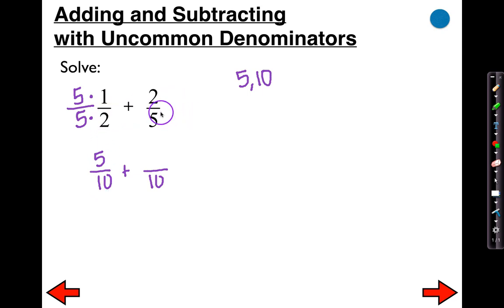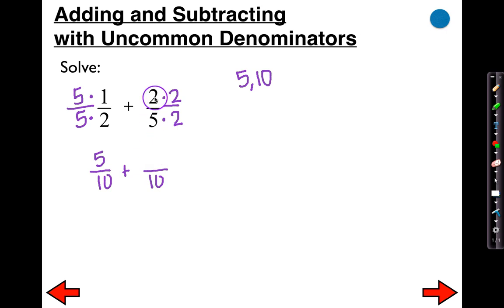So I'm going to repeat the process here. 5 is not a 10 yet, but I could manipulate it into making it a 10 by multiplying the denominator by 2, which means I must also multiply the numerator by 2. Why again? Because 2 over 2 is just 1. Does multiplying a number by 1 change the value at all? No, so that's okay.